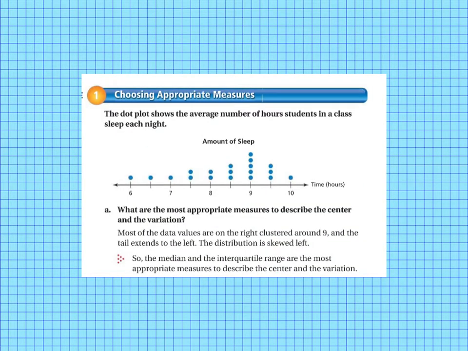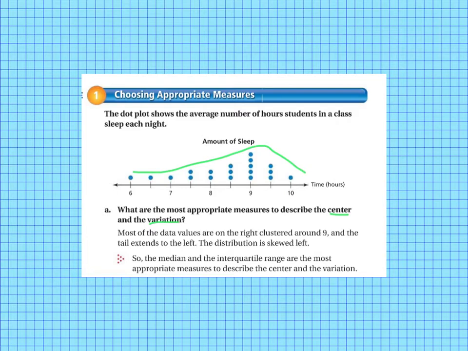Looking at example 1A, we're choosing appropriate measures. The dot plot shows the average number of hours students in a class sleep each night. So our question is, what are the most appropriate measures to describe the center and the variation? Most of the data values are on the right, clustered around 9.